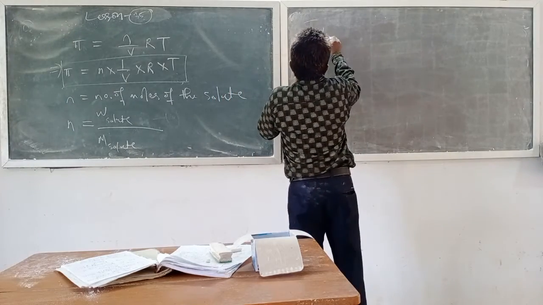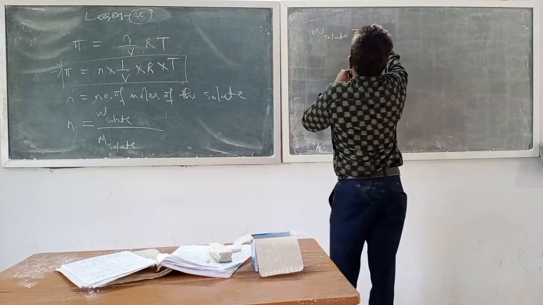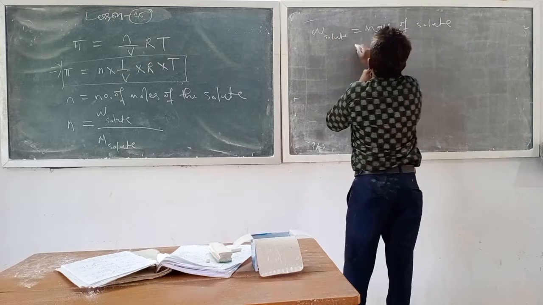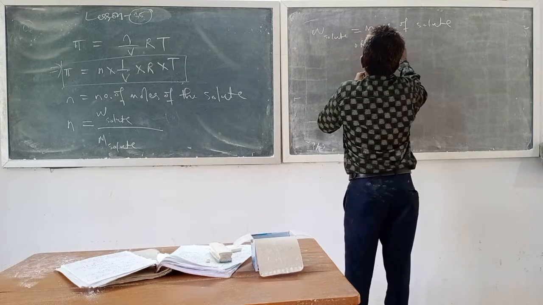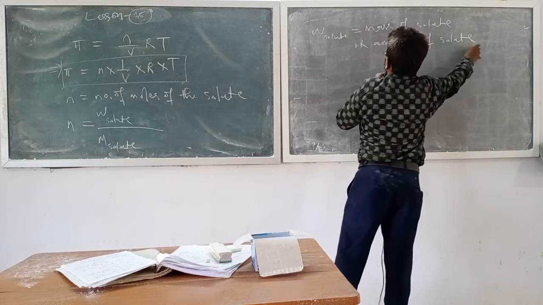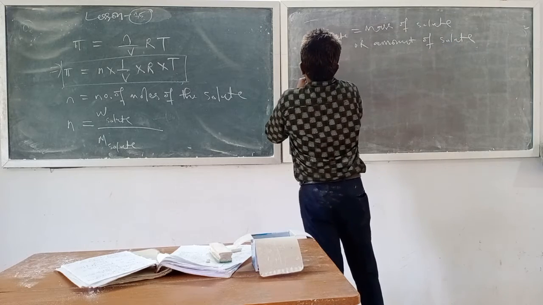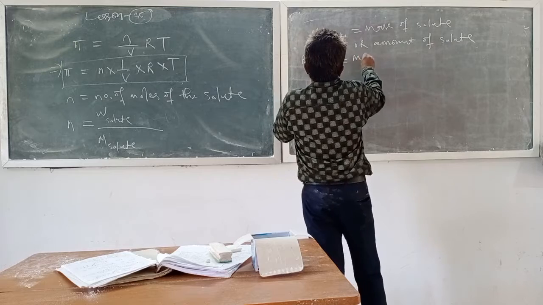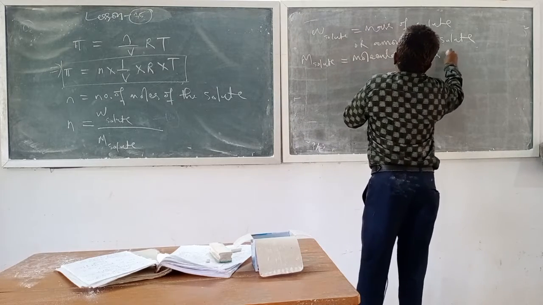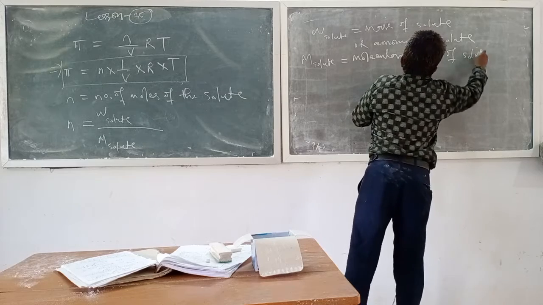W solute is the mass or amount of solute, and M solute is the molecular mass of solute.